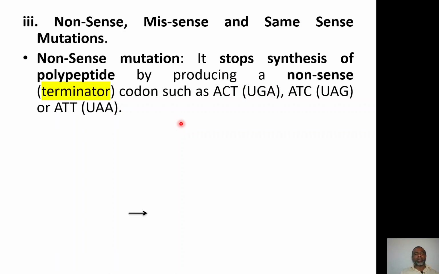What will happen is that the translation of the messenger RNA will be stopped at the point where this message is read by the ribosome. As a result, instead of synthesizing the whole length of the polypeptide chain, it will stop in between. That is why it is called nonsense mutation.